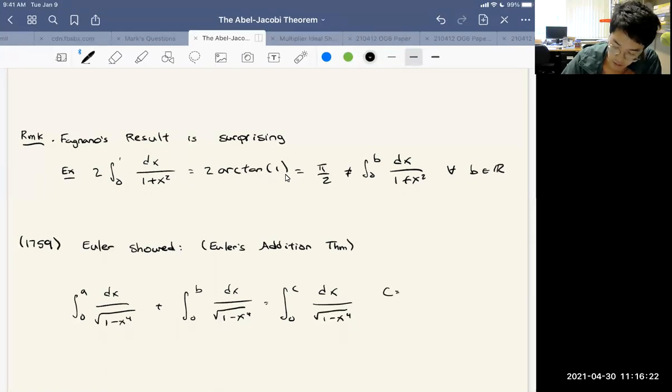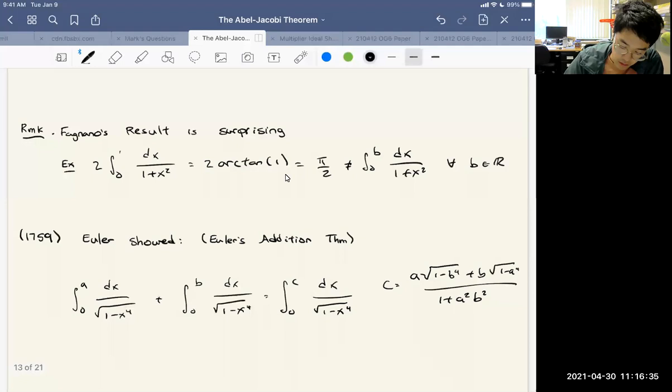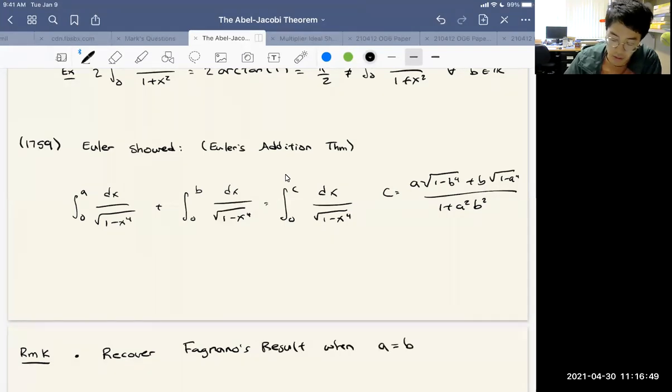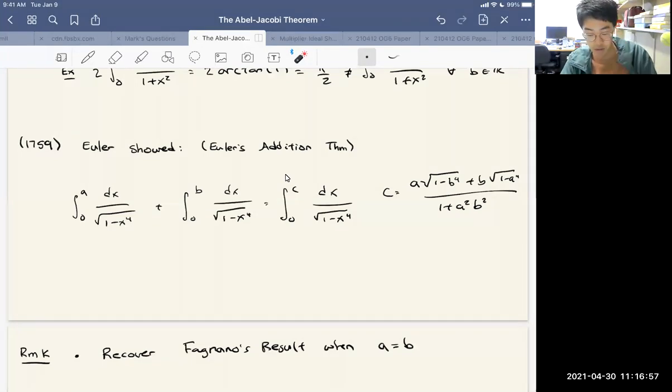And c this time has the formula given here. The remark is that we can recover Fagnano's result when a is equal to b. So this addition theorem is a big generalization of Fagnano's result.